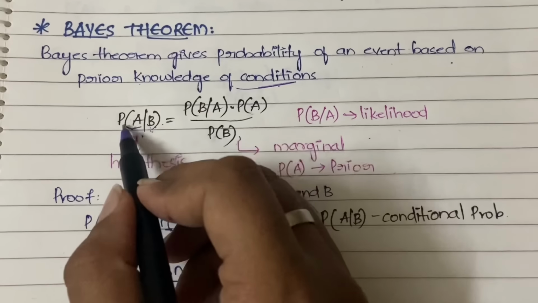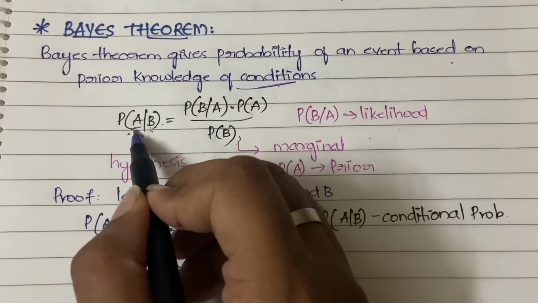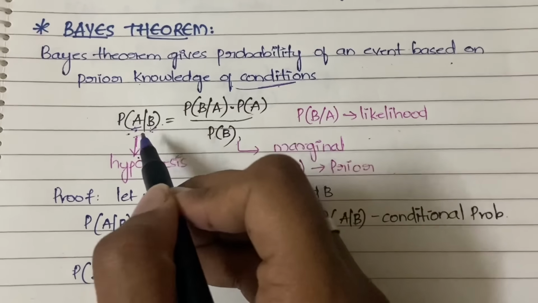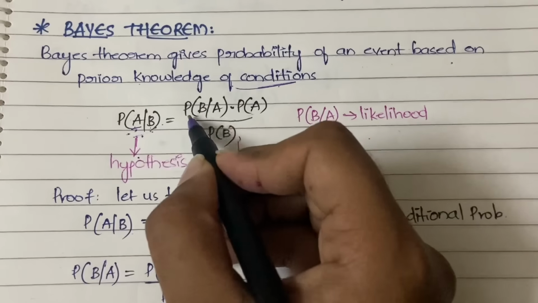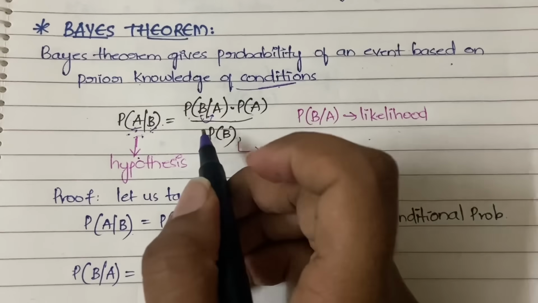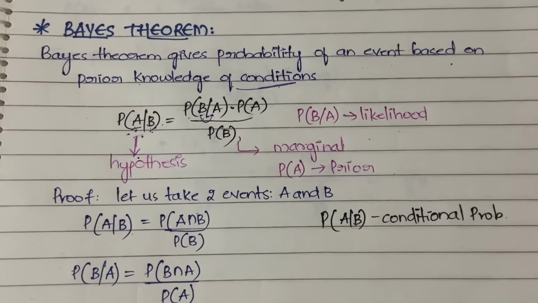So P of A given B is finding the probability of A given that B has already occurred, and P of B given A is finding the probability of B given that A has already occurred. This is how you need to read it. Now let us see the proof of this formula, and then move to the next part.